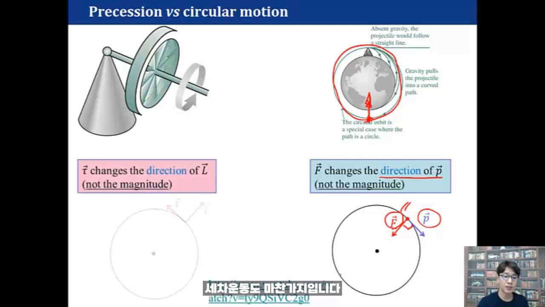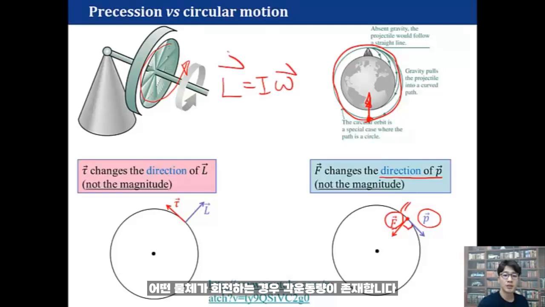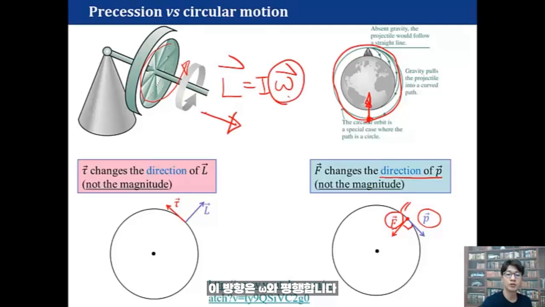Precession is the same thing. When this wheel is rotating this way, it has angular momentum. If some object is rotating, then angular momentum exists. So what is the direction of angular momentum in this case? This direction, which is parallel to omega, along the axis outward.